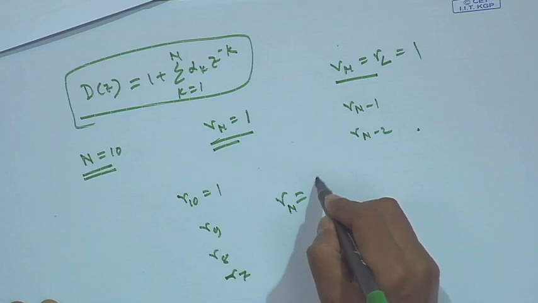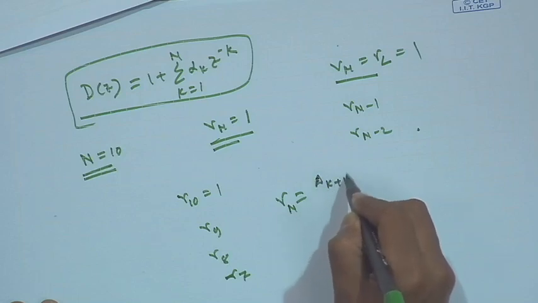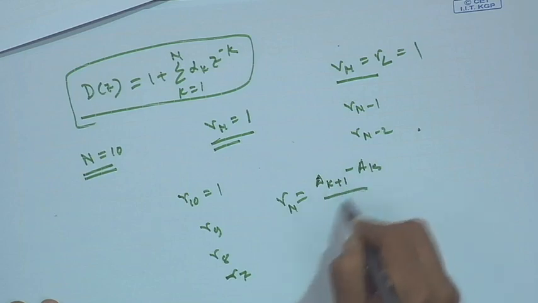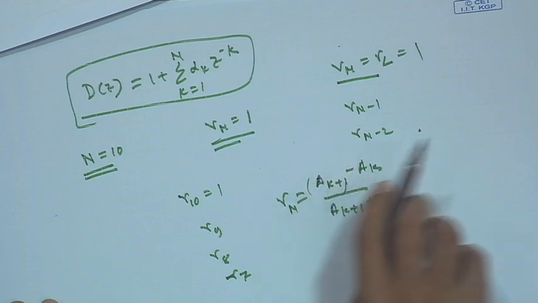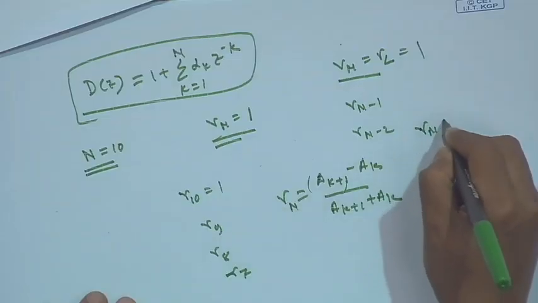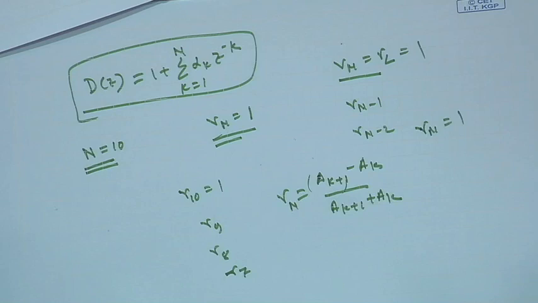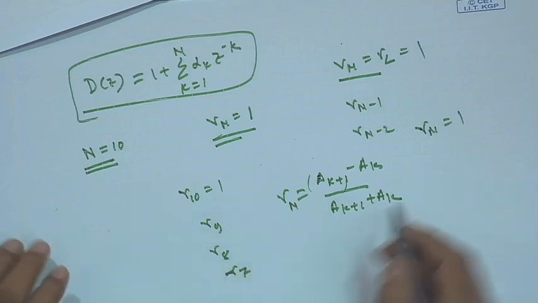Rk is nothing but a k plus 1 minus a k divided by a k plus 1 plus a k. So, a k are the cross sectional area functions of the different tubes. So, if the vocal tract is modeled using a 10 number of tubes and the last Rn is equal to 1, then I can find out a k.